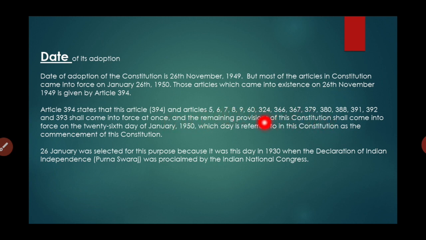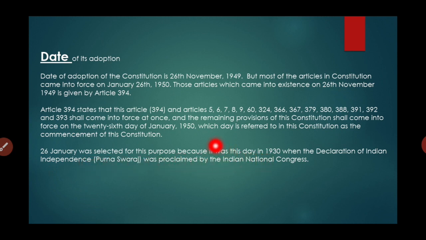Now why? We have to think a little bit: if on 26 November 1949 the constitution was ready and some articles were in force, then why was the rest of the part of the articles not in the picture? I have answered this question also. 26th January was selected because it was this date in 1930 when the Indian independence was declared. It means Purna Swaraj was proclaimed by the Indian National Congress.